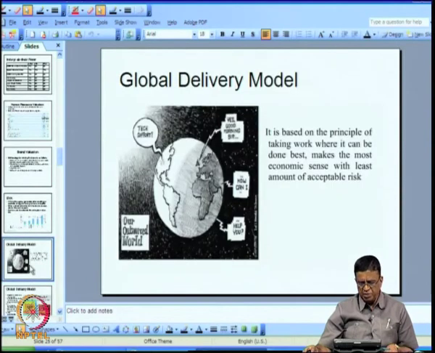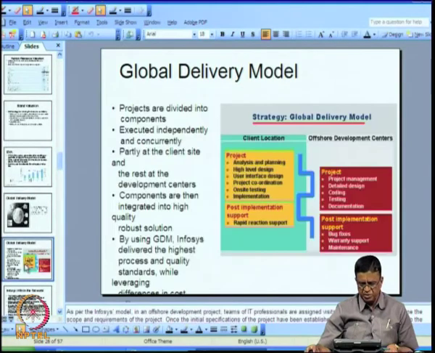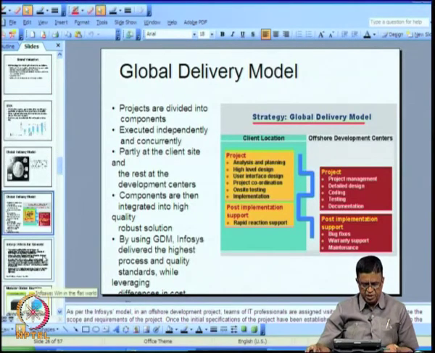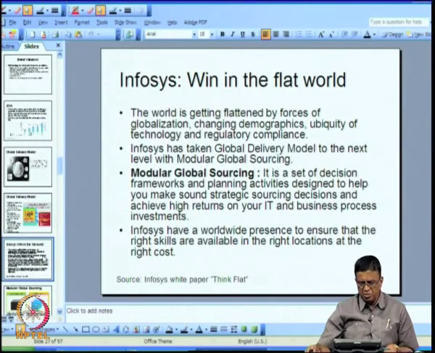Then the global delivery model, what does it tell you? This is what I just mentioned to you, and the book also gives you this strategy of the global delivery model and how it is done, client location, offshore development centers, what the company does.